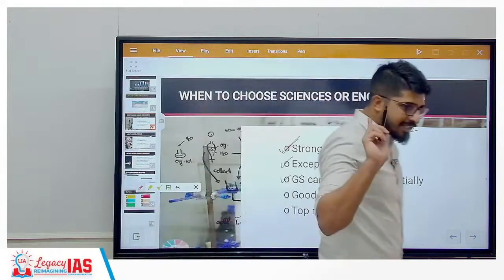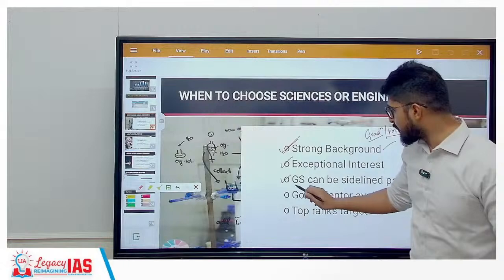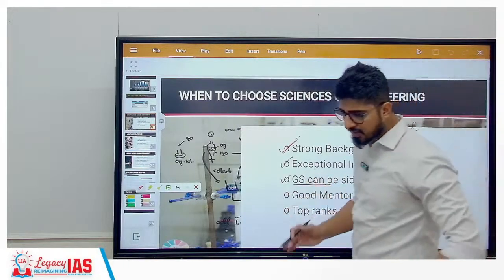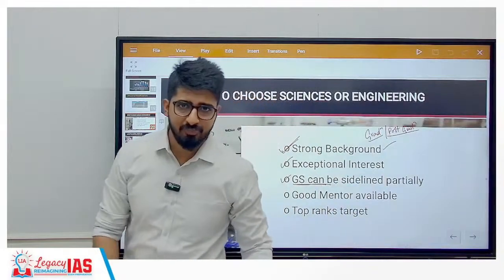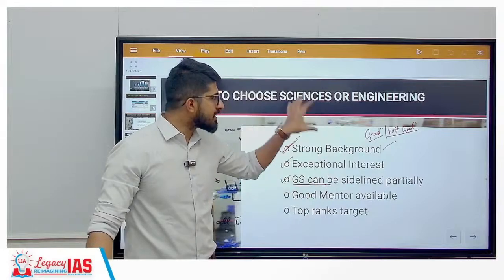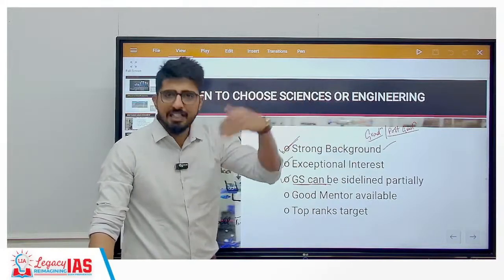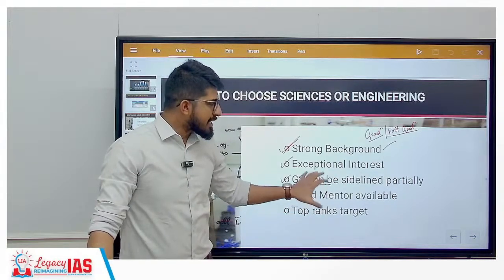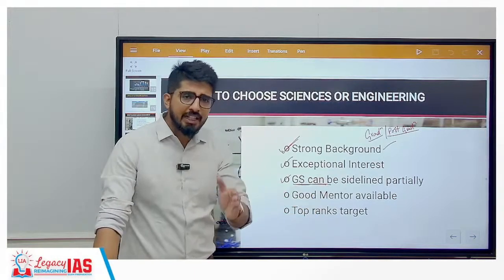If you are choosing this as an optional, instead of saying GS can be sidelined, I say that you must sideline GS to an extent. Why? Because the amount of time required for studying a sciences or engineering subject is relatively higher.